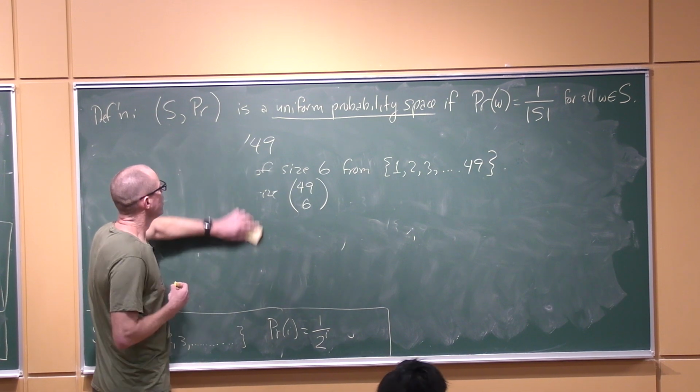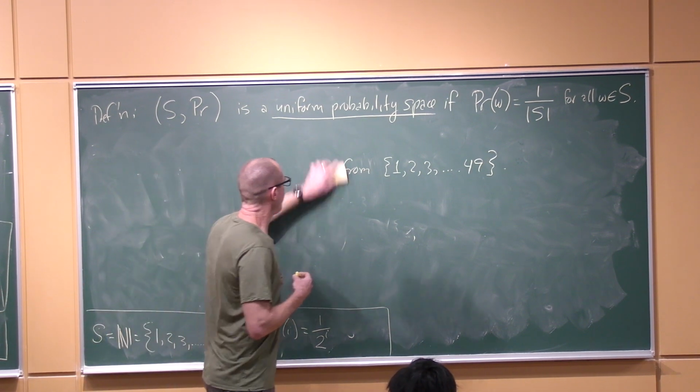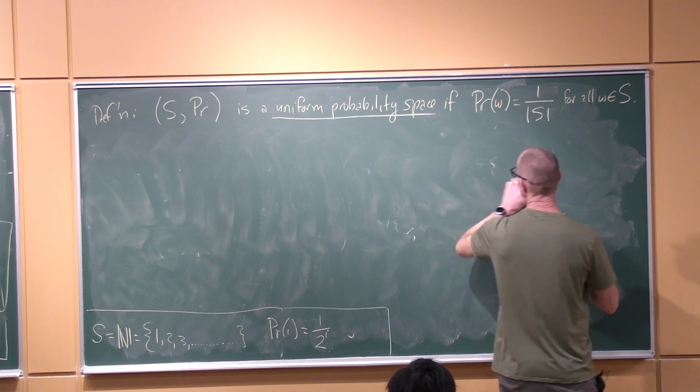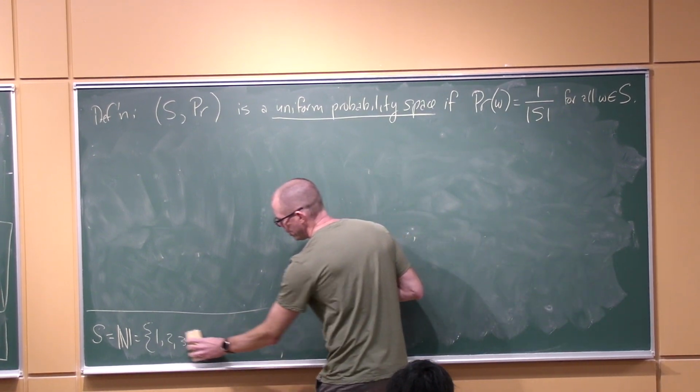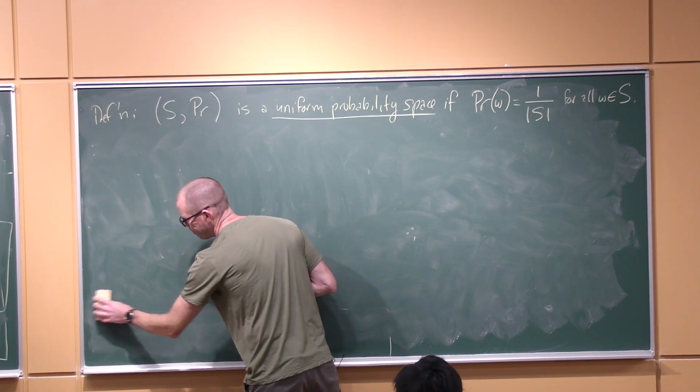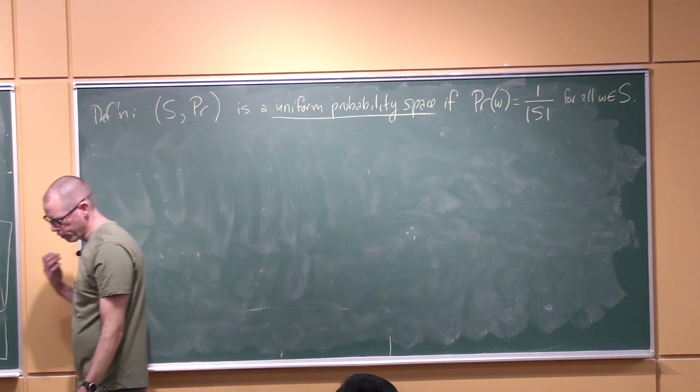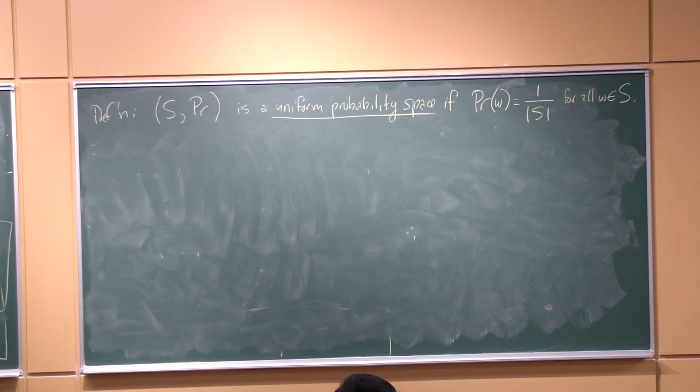So the good news is a lot of things come up, these uniform probability spaces come up all over the place.